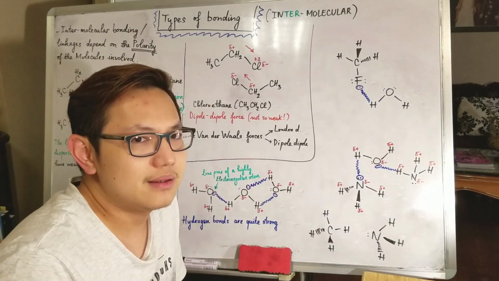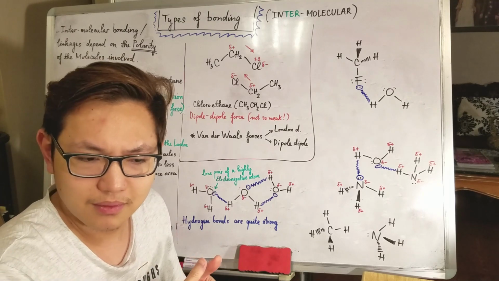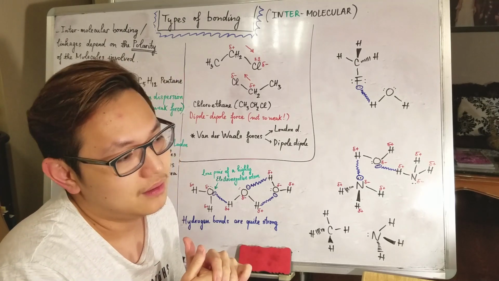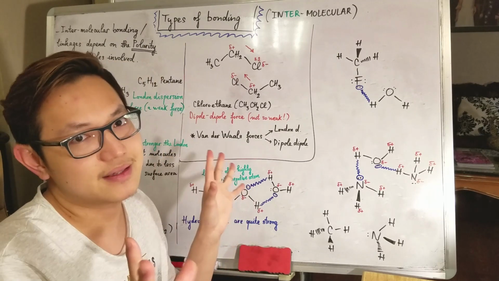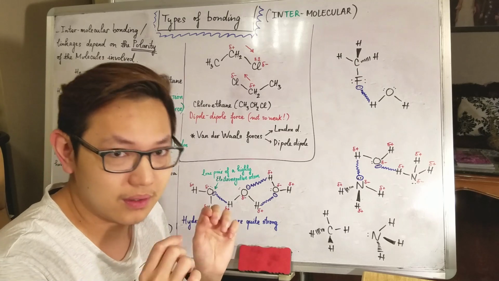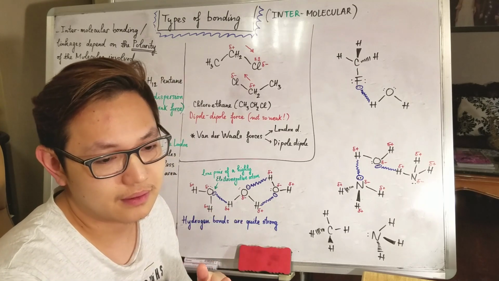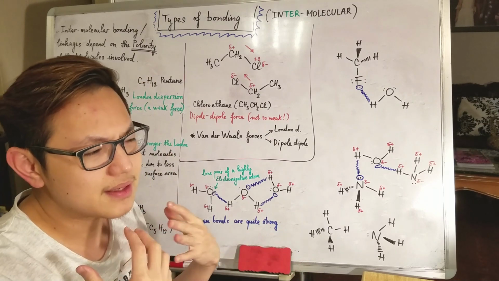So that is Newton's law of attraction. But that concerns a macro world, which is like massive planets and such. But when we talk about the micro world, which is about small atoms, molecules, something similar applies.